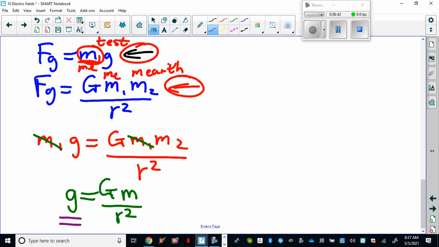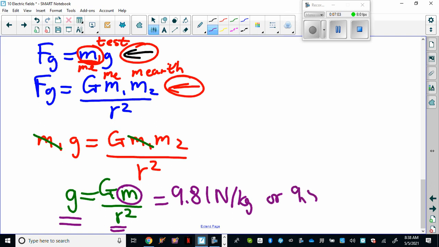I just need the mass of the Earth. It will calculate the gravitational field strength of the Earth at a given distance from the center of the Earth. All right, which obviously for this specific planet turns out to be 9.81 newtons per kilogram, or 9.81 meters per second squared.